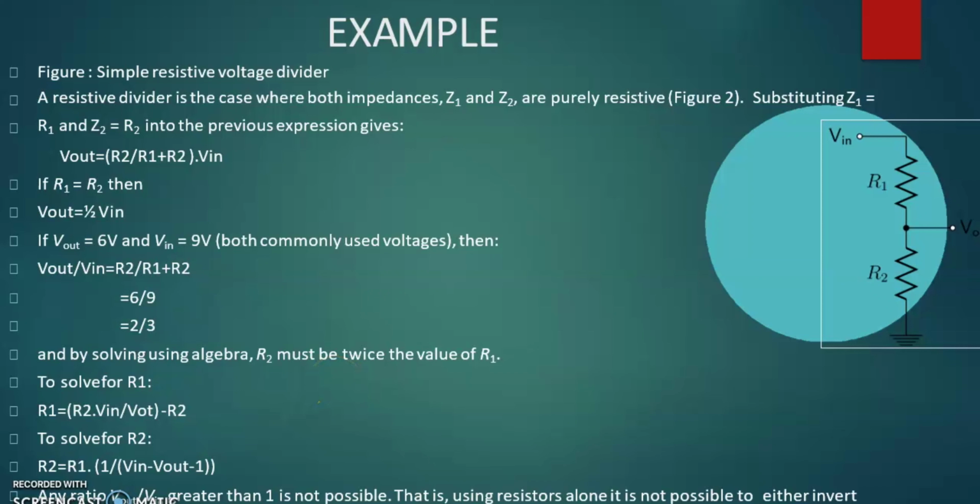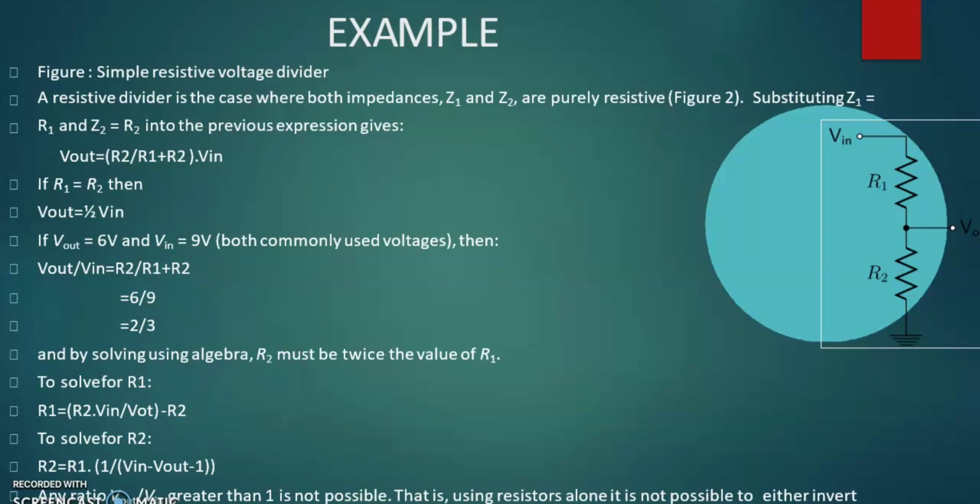So now let's check the example of a simple resistive voltage divider. As you can see in the circuit diagram, it consists of resistances R1, R2 and voltages Vin and Vout. So in the resistive divider, we can choose both impedances Z1 and Z2 to be purely resistive, R1 and R2.